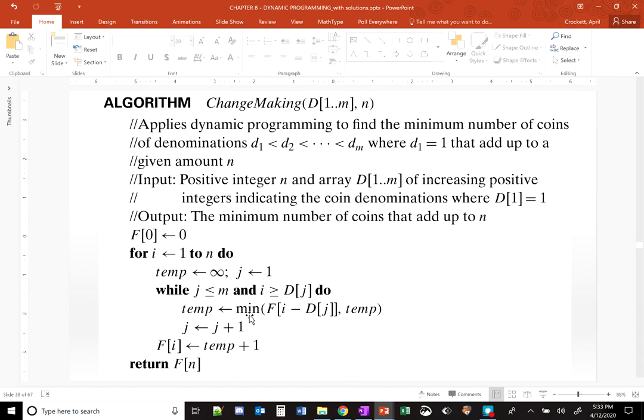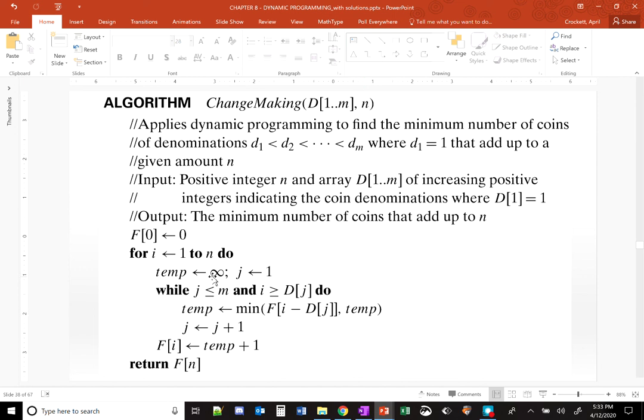So while j is less than or equal to m, remember m is the number of coin denominations, and i is greater than or equal to d sub j, where this is the actual coin denomination we're currently looking at, then this is where we're going to find the minimum between f of i minus that coin denomination, and temp.